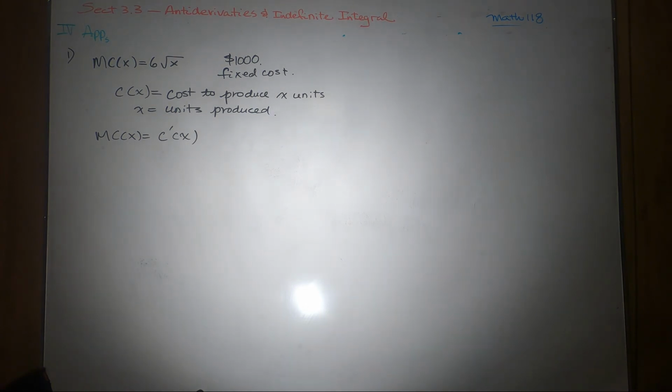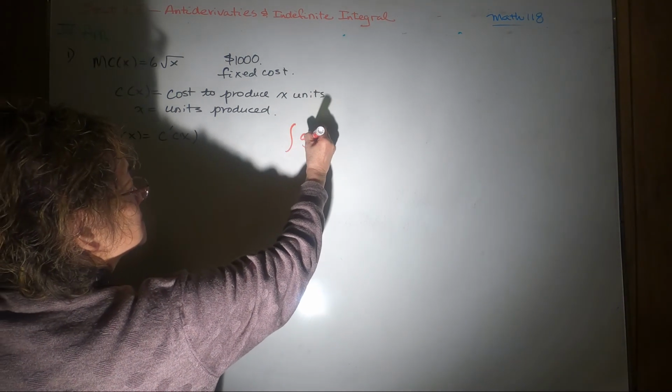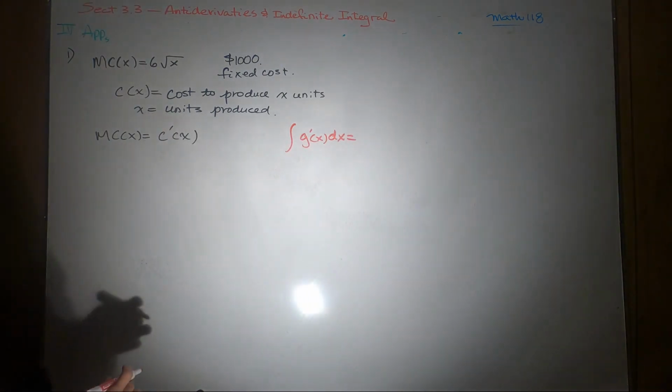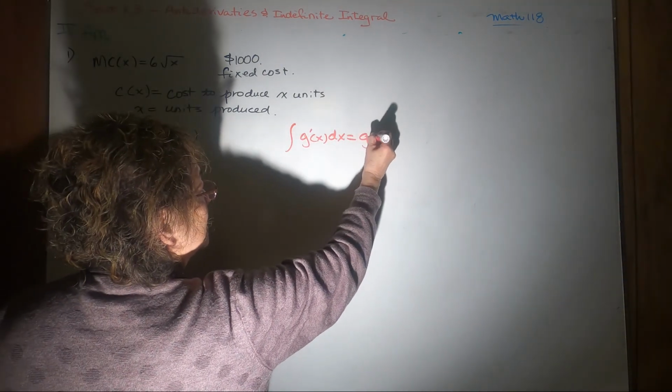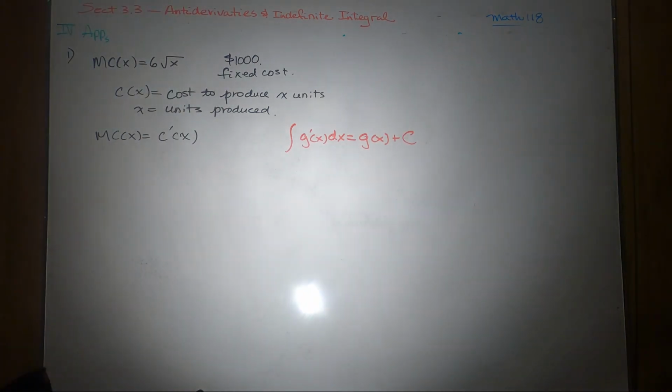So we said, how do we find the antiderivative and what do they mean, right? If this is the derivative, if I take the antiderivative of that one, I go back to the original plus some arbitrary constant, right?